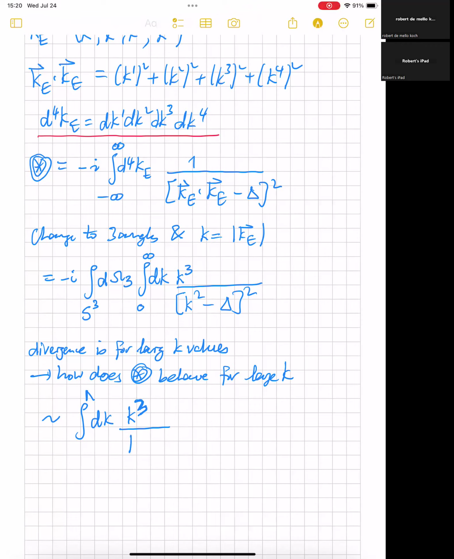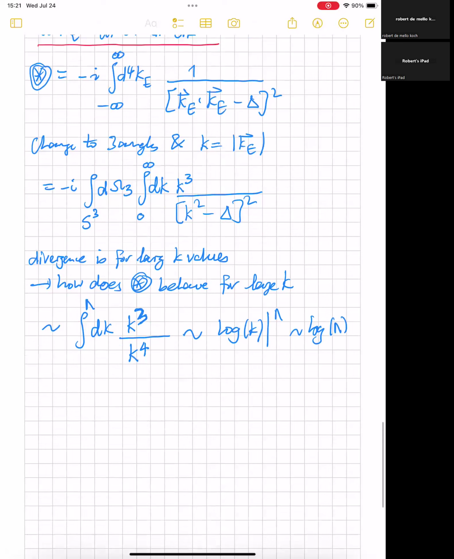So we'll have over k squared squared, which is k to the power of 4. This is how it behaves for very large k. And the integral dk of k cubed over k to the 4 goes like log of k, and we want to evaluate it at the upper limit lambda. So this is behaving like the log of lambda.